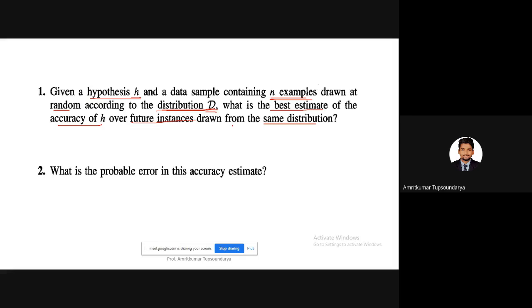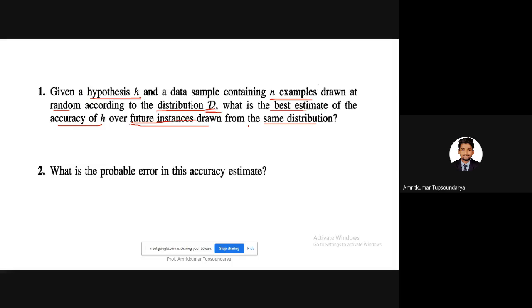I hope the question is clear. For example, let's say we have a given hypothesis H and a data sample of n examples, 10, 15, 20, any set of examples that you consider, drawn at random according to some distribution D. The question is: what is the best estimate of the accuracy of that hypothesis over the future instances drawn from the same distribution?